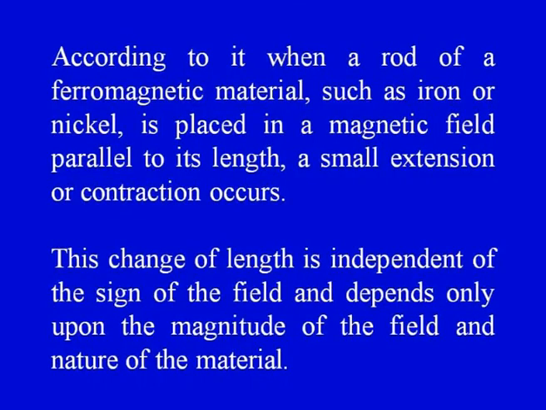According to it, when a rod of ferromagnetic material such as iron or nickel or cobalt is placed in a magnetic field longitudinally, parallel to its length, a small extension or contraction occurs. You see, the ferromagnetic materials have an internal domain structure. Within a domain, the magnetic field is strong and uniform.